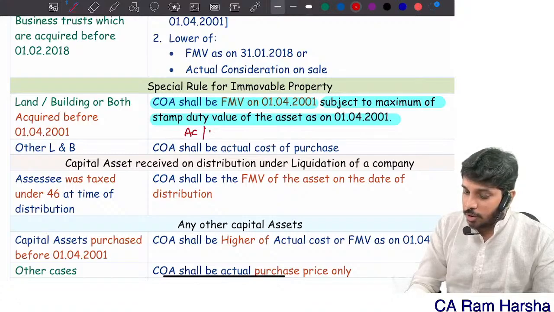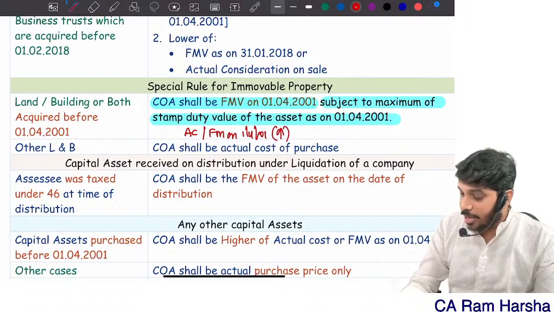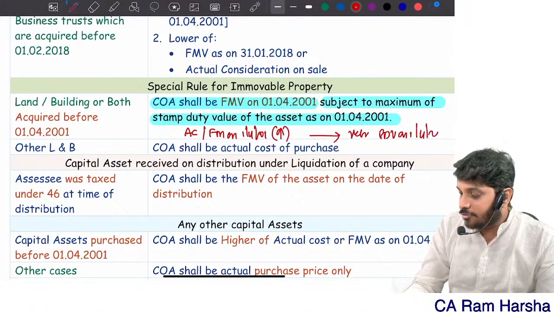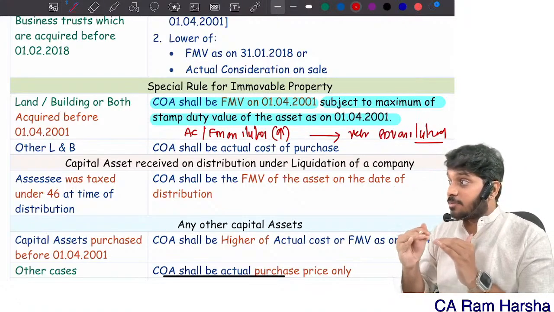So the actual cost or FMV on 1/4/2001, whichever is higher, you take, but it is restricted to the stamp duty value on 1/4/2001. For immovable property only, the stamp duty value maximum limit is there.